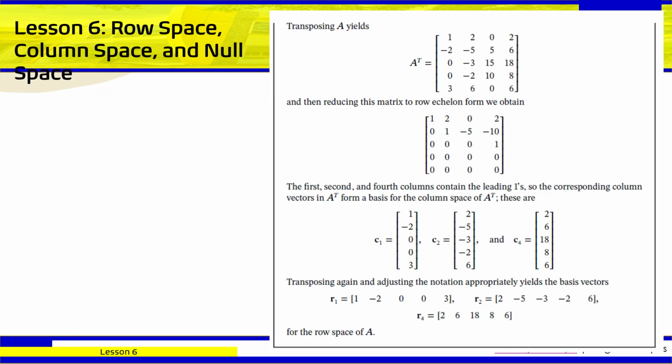So if you transpose it, it yields the following matrix, and reduce it to row echelon form. We obtain here the REF. In this particular REF of the matrix, you could see the leading ones here in column 1, column 2, and column 4. And if you transpose it again, you could yield the basis vectors, which is the basis for the row space of A.